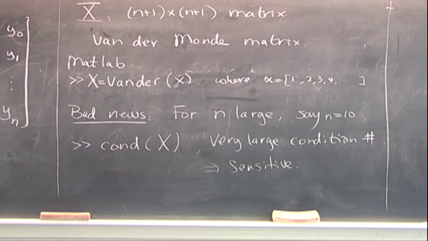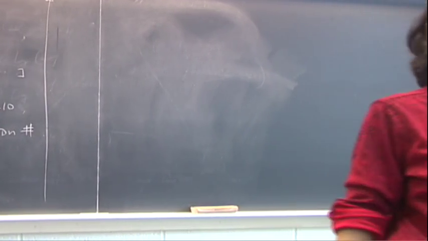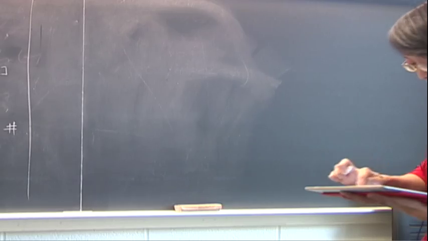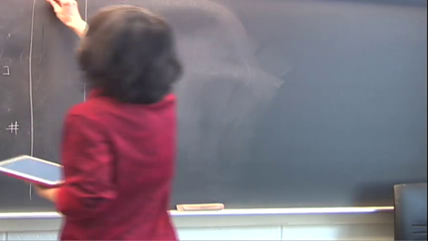It's the largest eigenvalue divided by the smallest eigenvalue in absolute value. We'll get to that. So the identity matrix has all eigenvalues equal to 1. The condition number is 1. That's the best. Okay, so we'll look at some other ways of doing it.